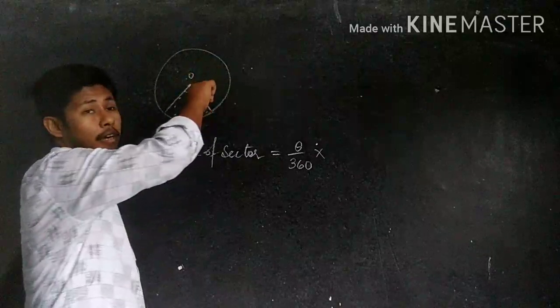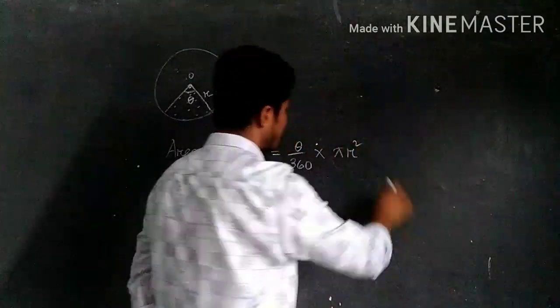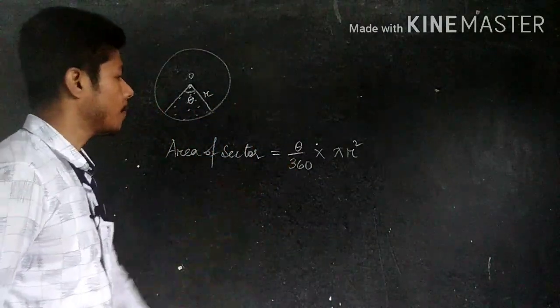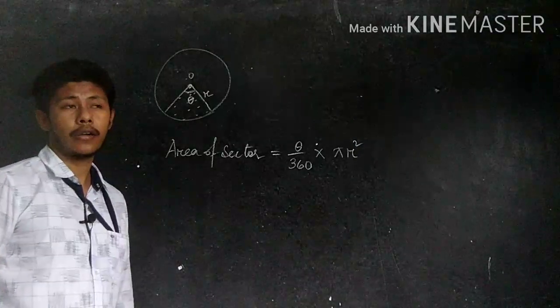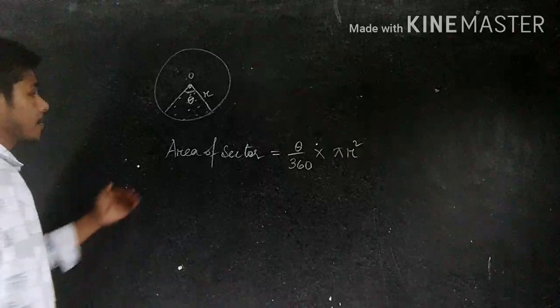We know the area of circle equals pi r square. So the formula is theta by 360 into pi r square. This is the formula for area of sector. Is it clear?